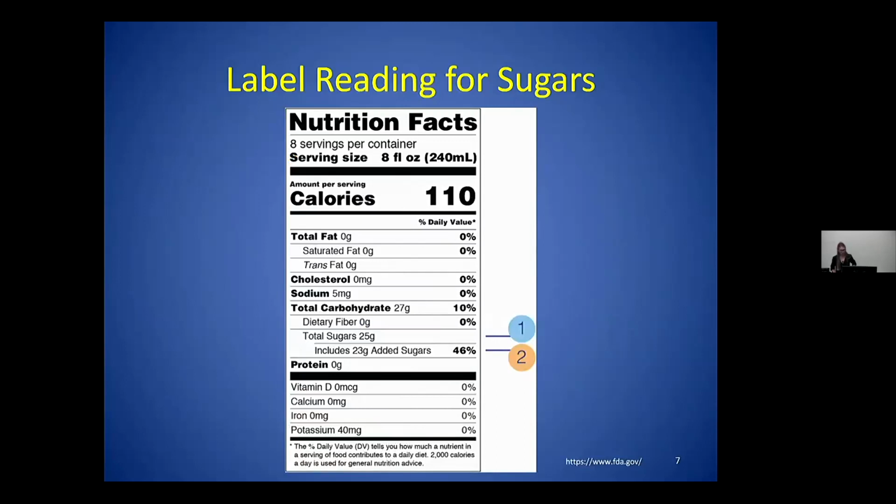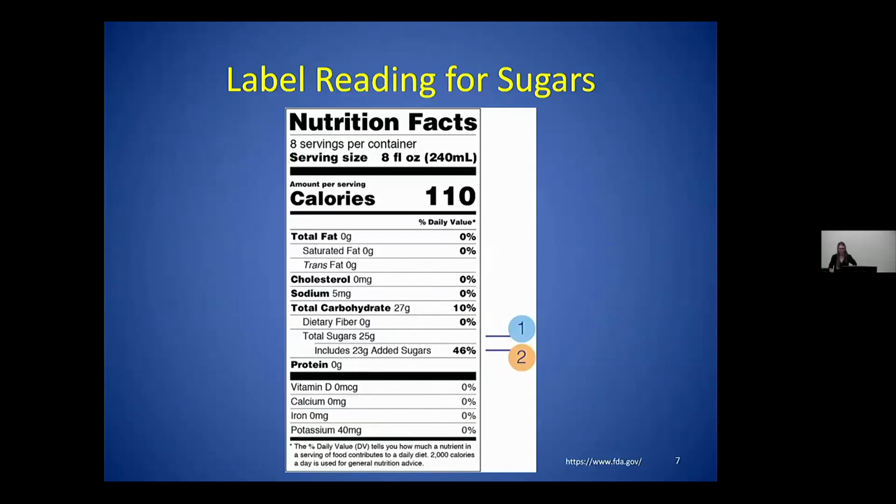So you'll locate your sugars underneath the carbohydrate section of your food label, and your total sugars are indicated by the blue 1 on our screen. And then underneath that is the added sugar for that product, denoted by the orange 2. And so those total sugars already include that added sugar in the amount. And so that's just something to be mindful of whenever you're reading that. You don't have to do any extra math.